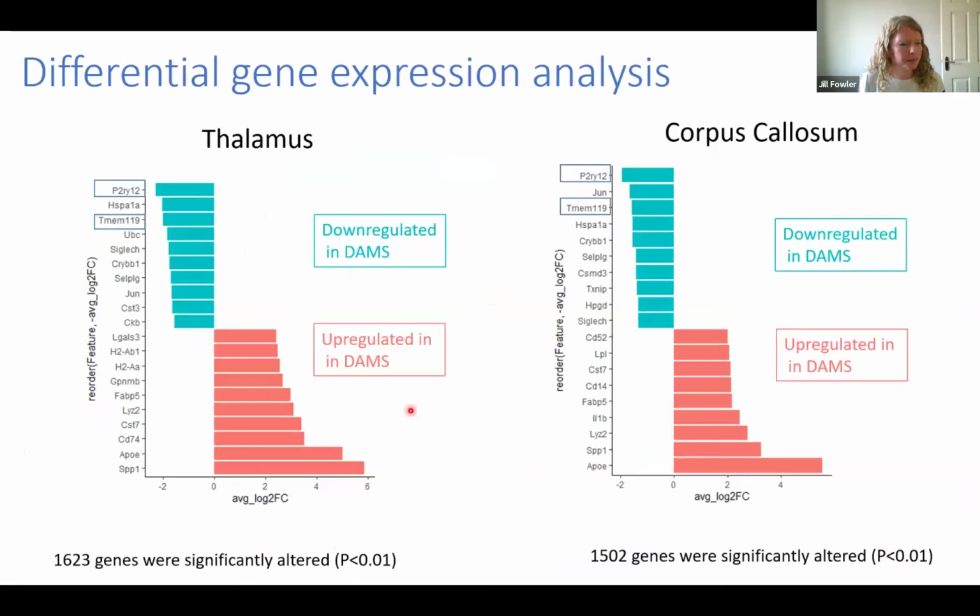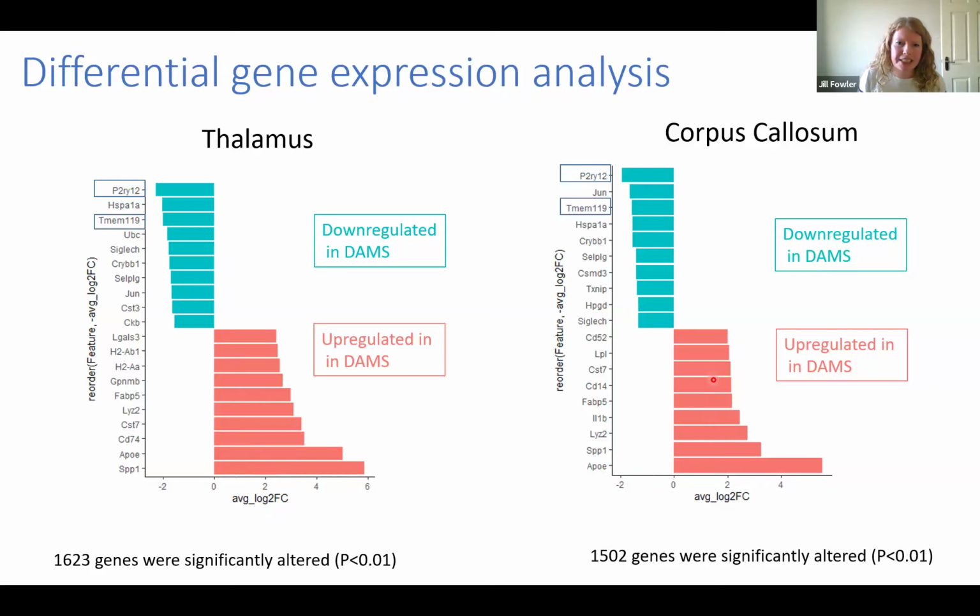For example, in common with this cell state signature, we see a downregulation of homeostatic genes and receptors such as P2RY12 and TMEM119, whereas we can see the top 10 genes that were induced have some similarities and differences. So SPP1 was the most induced in thalamus, whereas in white matter, we see a significant induction of ApoE, and LPL is in the top 10 as well.